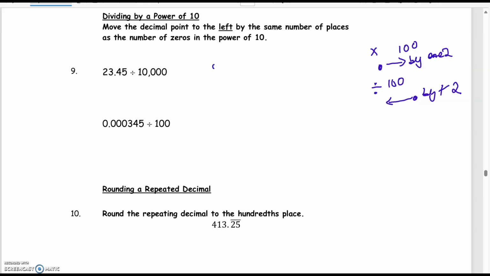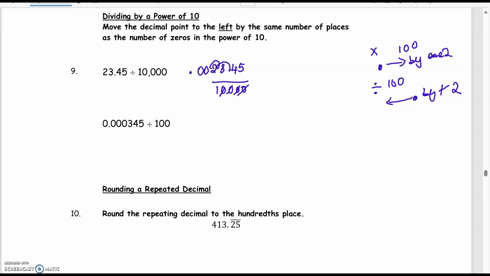So notice here we have 23.45 divided by 10,000. So for every 0, we shift to the left by 1 place value. So 1, 2, 1, 2, and then we have 2 more, which means we have to add 2 zeros.